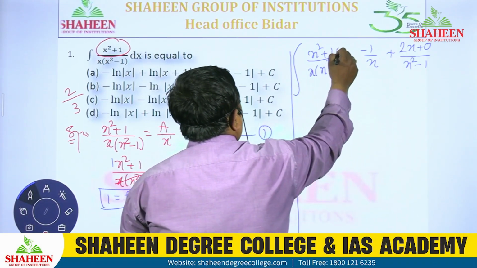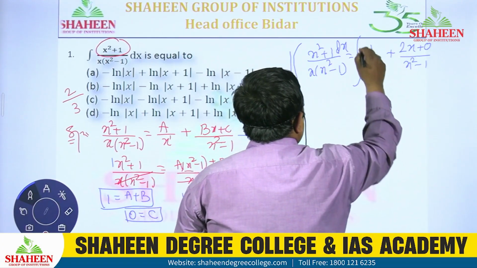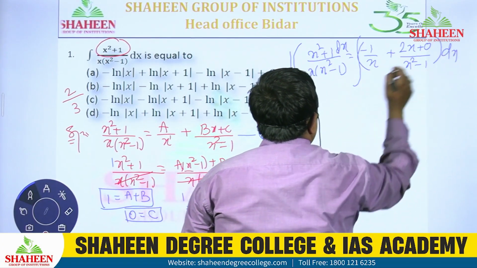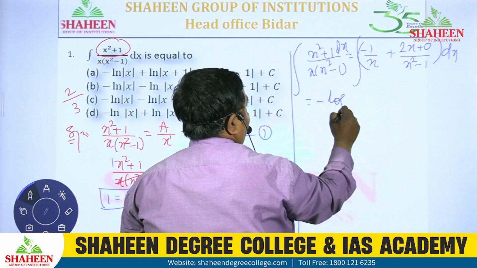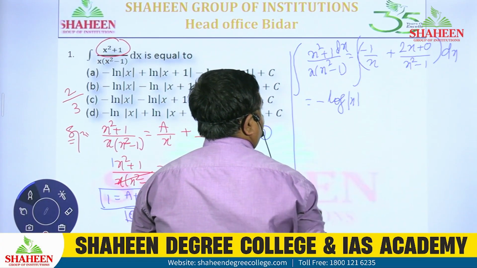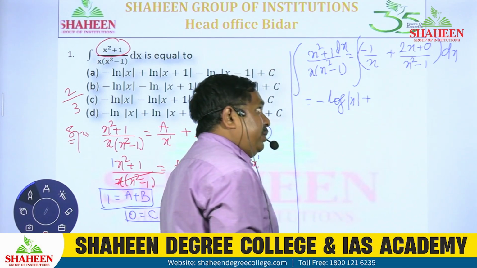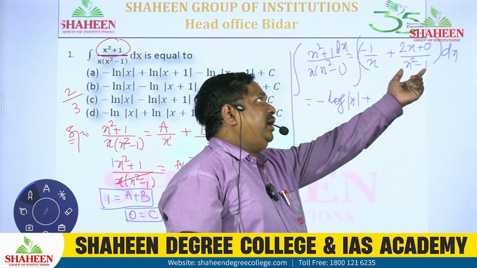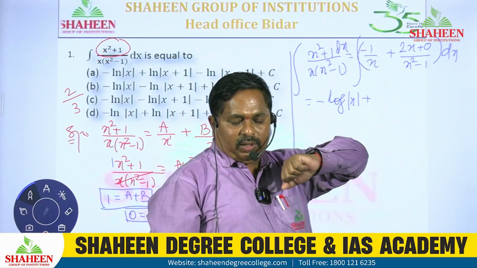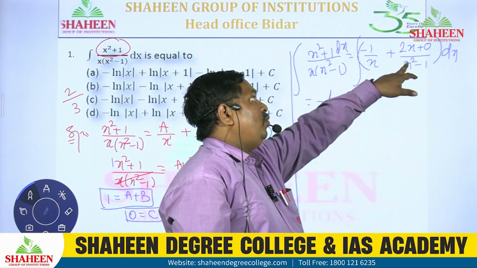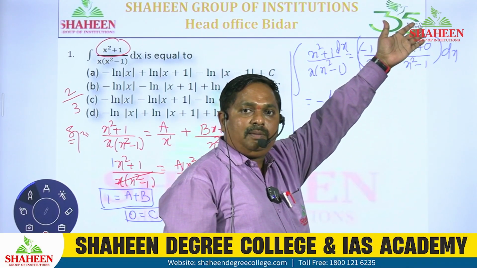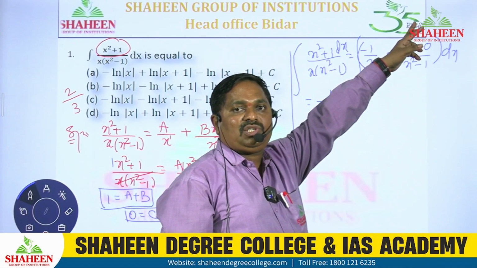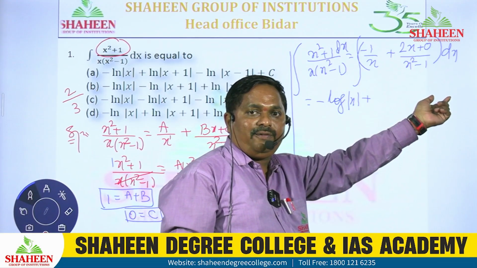On integration dx, minus 1 by x integrates to minus log x, plus the numerator 2x with denominator x square minus 1. What is the derivative of x square minus 1? 2x, which is in the numerator. It means the numerator is f dash of x and the denominator is f of x.